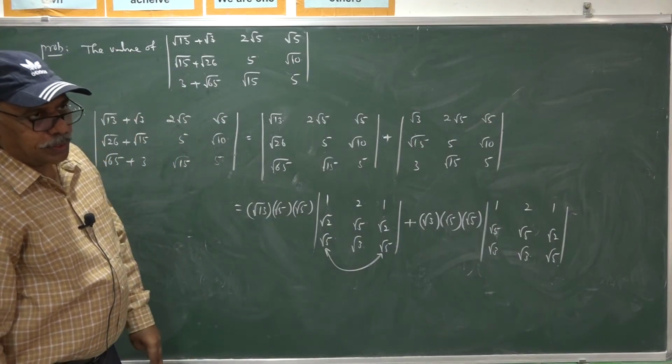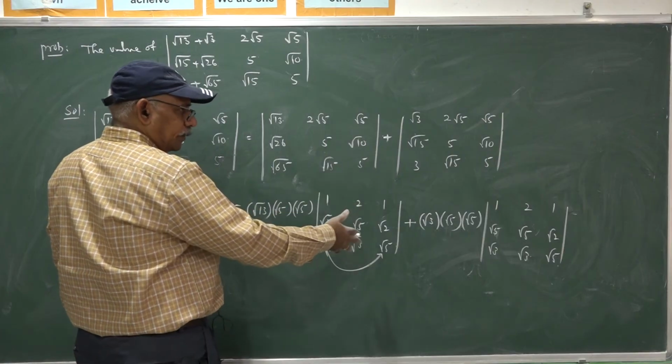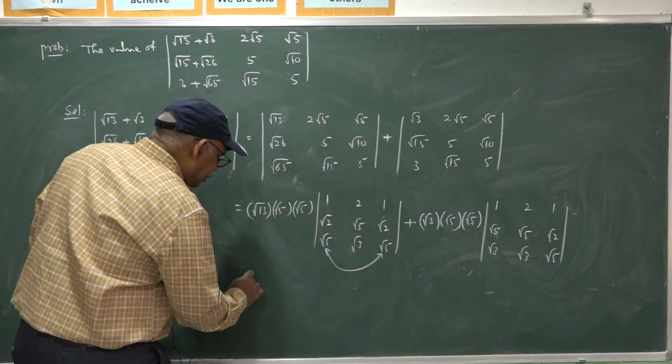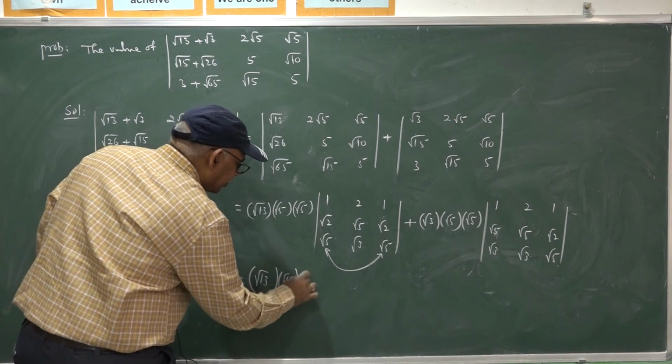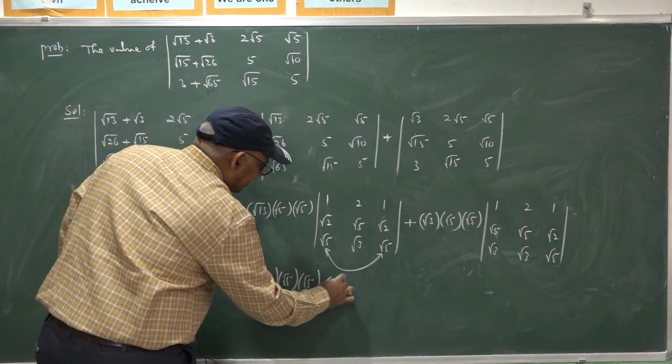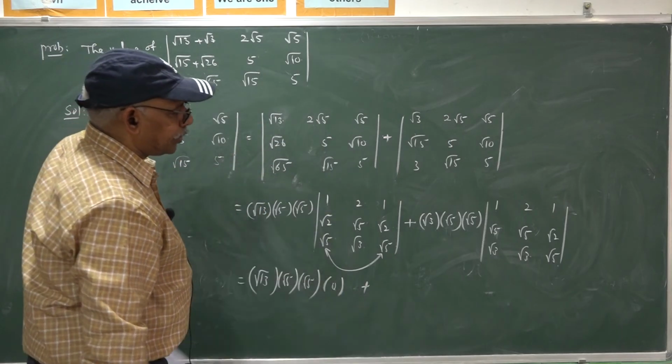Once two columns or two rows are identical, the determinant value is 0. Clearly, this determinant value becomes 0, so this total term becomes 0.